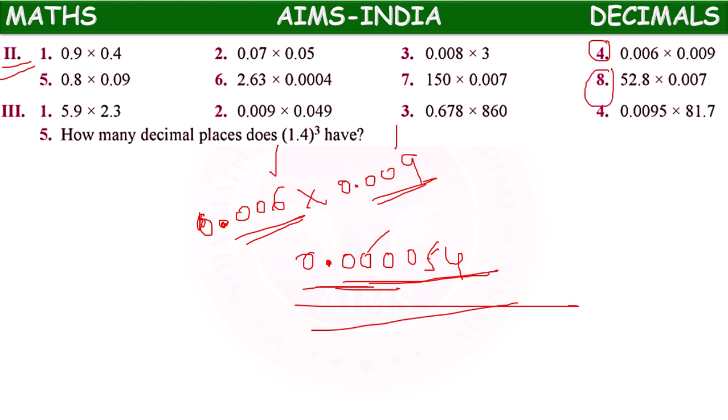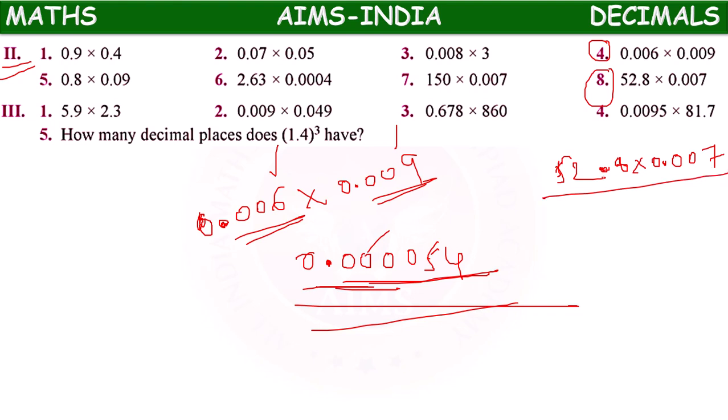Or this eighth one, what is the question? 52.8 into 0.007.